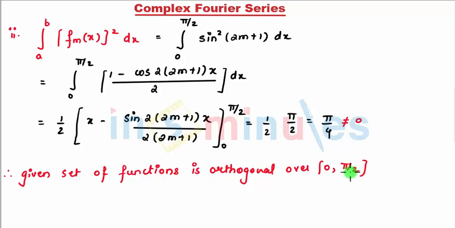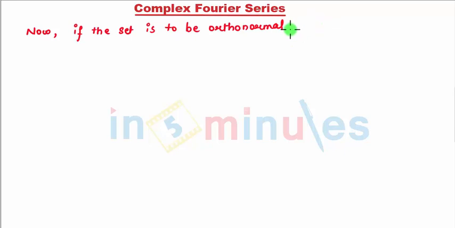To find orthonormal functions, we have already proved one condition, and we know that whenever functions are orthogonal, to find orthonormal functions we start with the second condition of orthogonality. So if this set is to be orthonormal, then the integral from 0 to pi by 2 of f_m of x the whole square dx should be equal to 1.